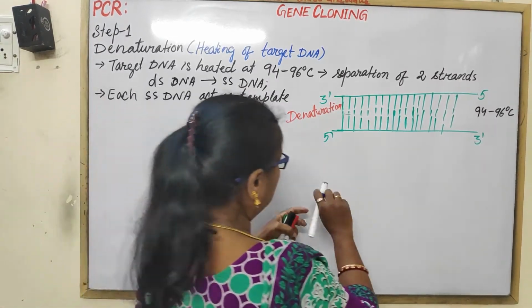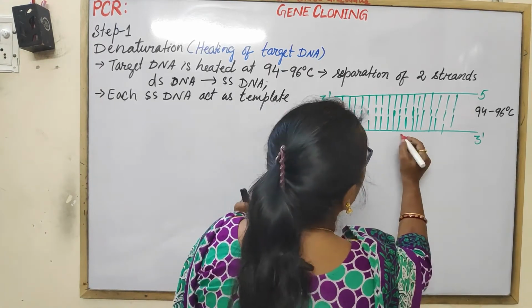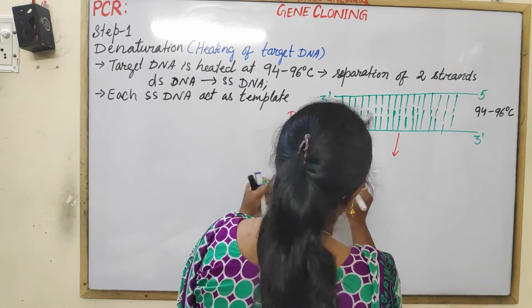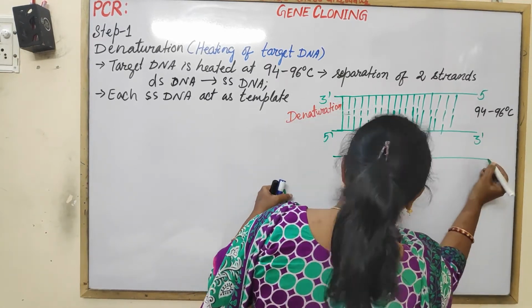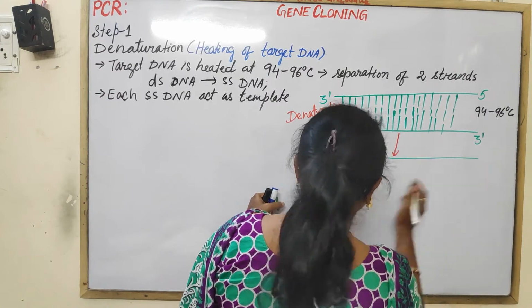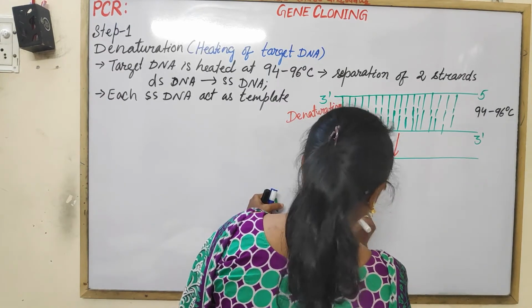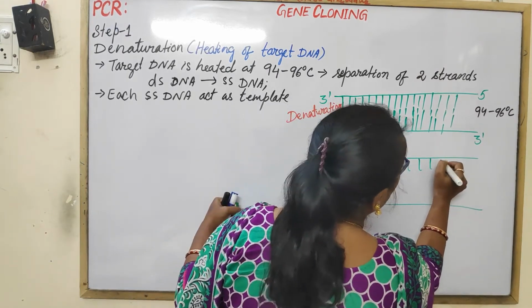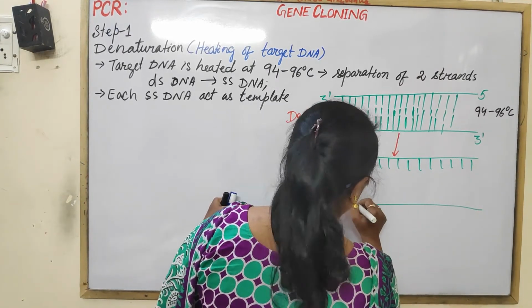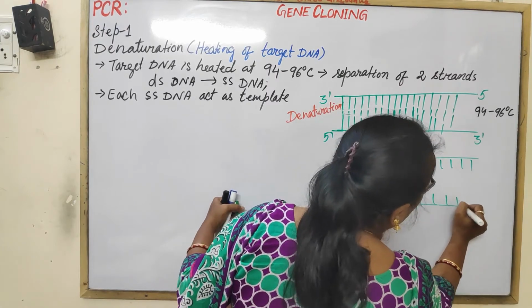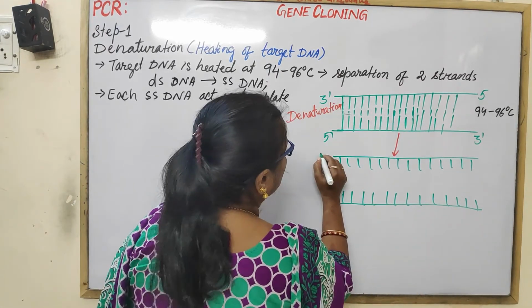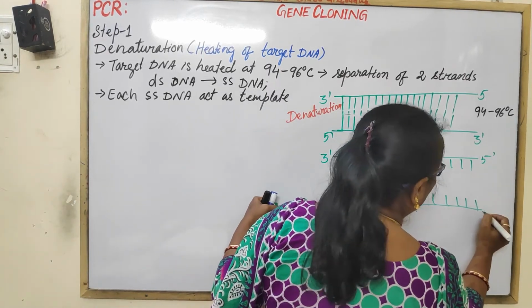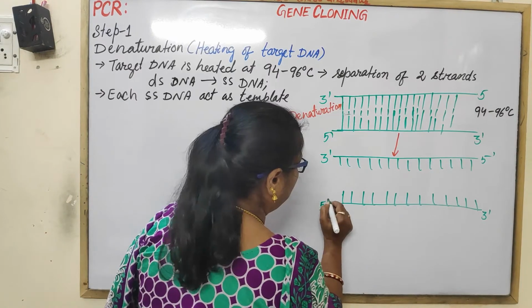It gives us the single strands. Here are the 3 prime to 5 prime, 3 prime to 5 prime.